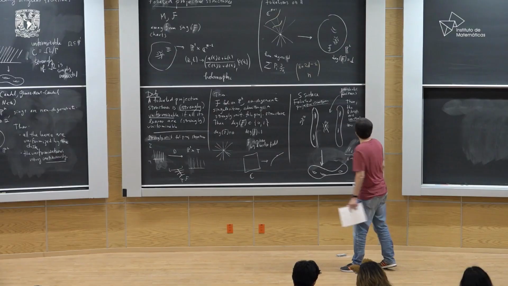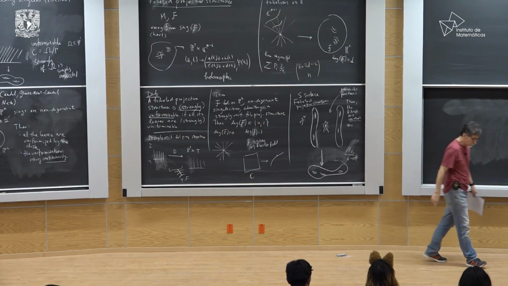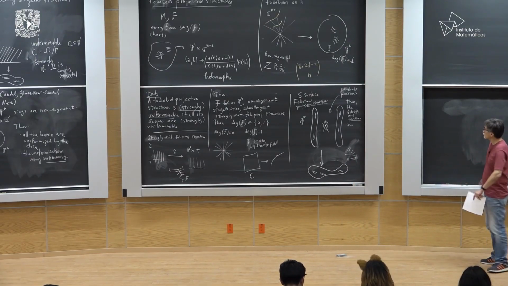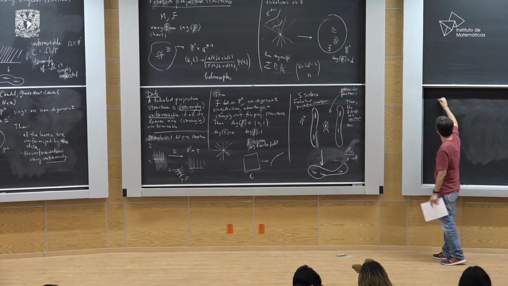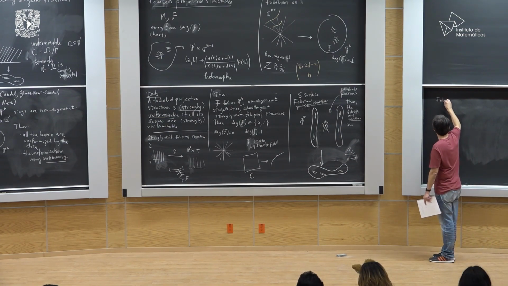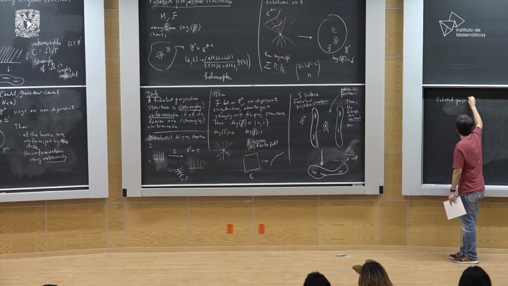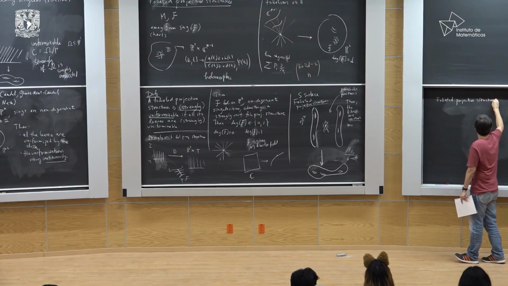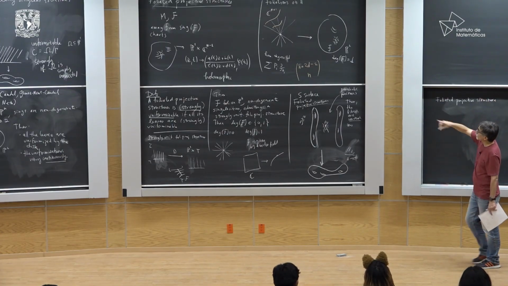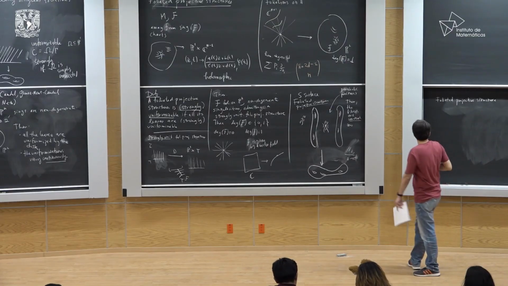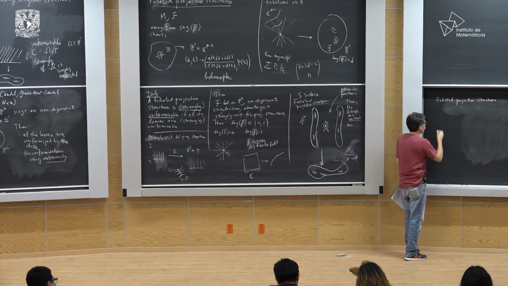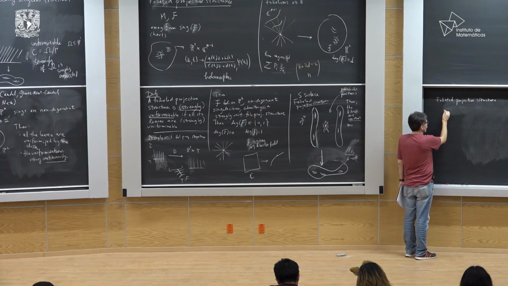There is another way to say what a foliated projective structure is. You can do it with charts, but there's another way, more analytic, and it is the following. A foliated projective structure can be described by the following object.